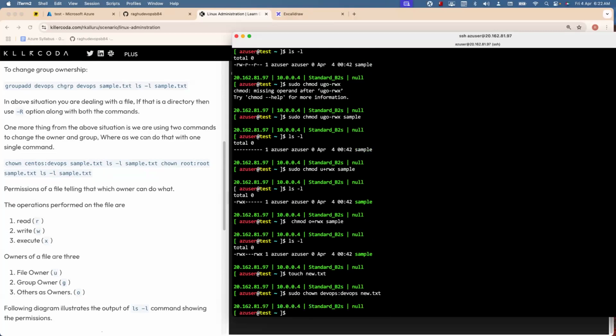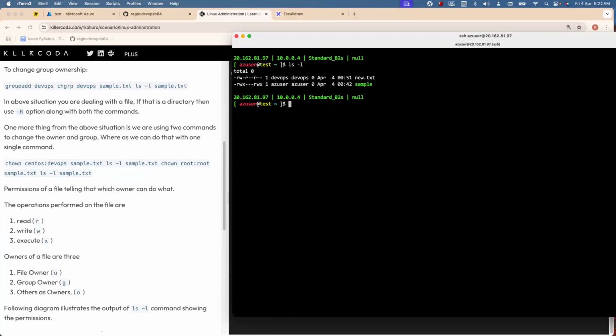So we have this file, ls -l. Now I'm not the owner of this file. If I give chmod ugo plus rwx to new.txt, I get permission denied. So you have to use sudo. That's what I just showed.